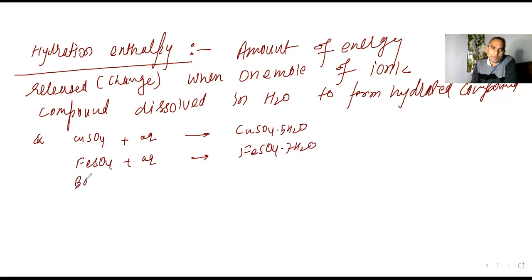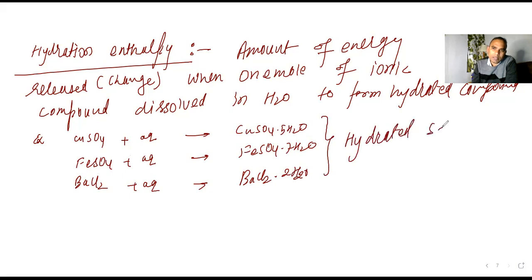If BaCl2 is put in water, it forms BaCl2.2H2O. So these are the hydrated salts, and the ones with no water are known as anhydrous salts. Getting my point? Yes or no?